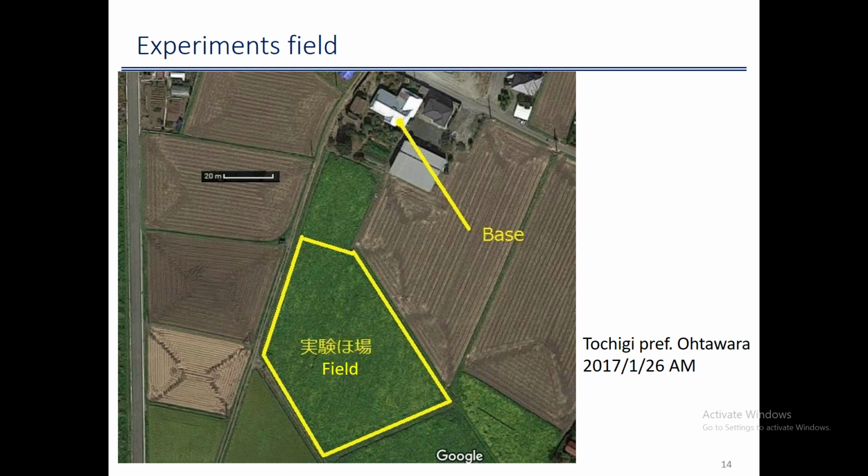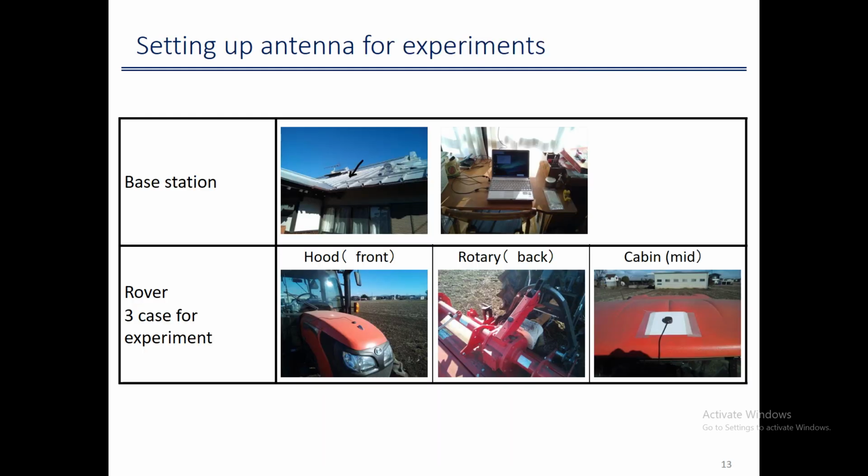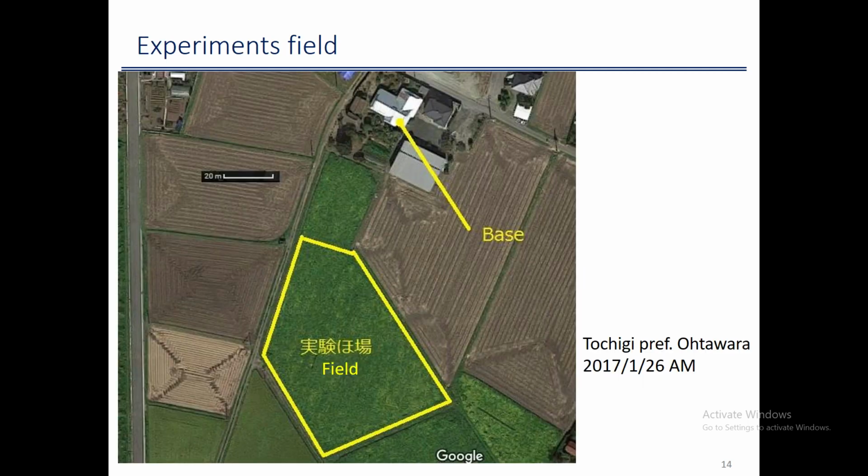That means it will be a mobile station. Looking at this, you can see that the base station is set up on the roof, and the rover is set up on the tractor. And so this is giving us an aerial impression of the same.